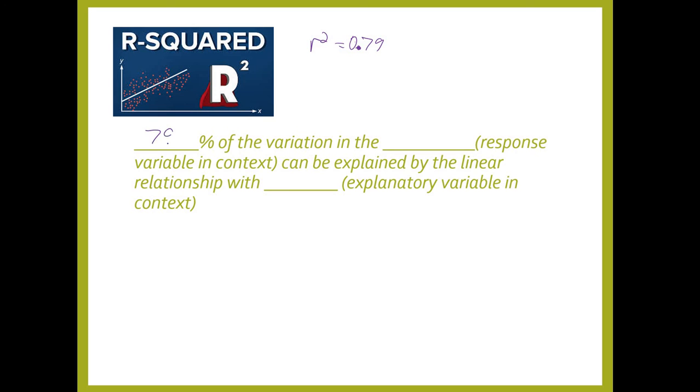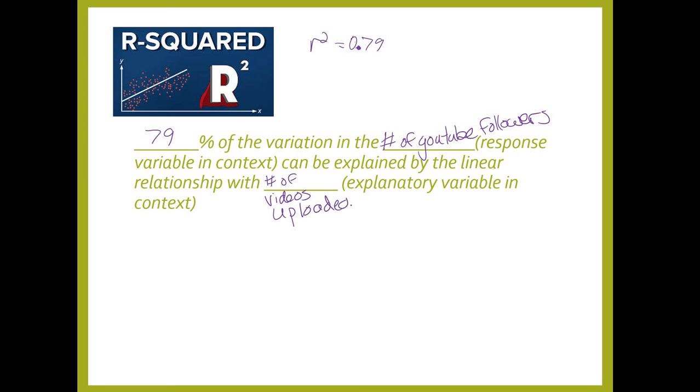So you would say 79% of the variation in number of, let's say, YouTube followers can be explained by the linear relationship with the number of videos uploaded.